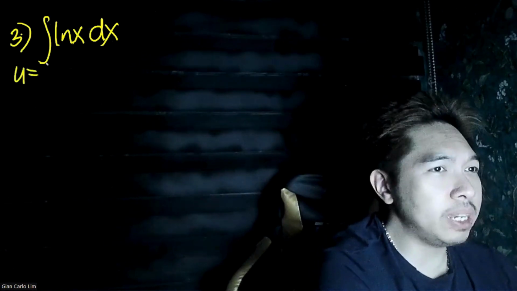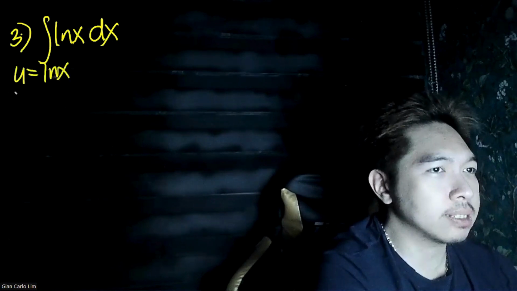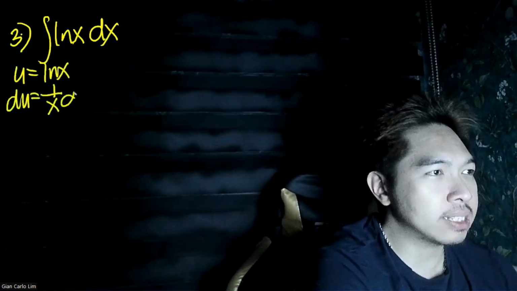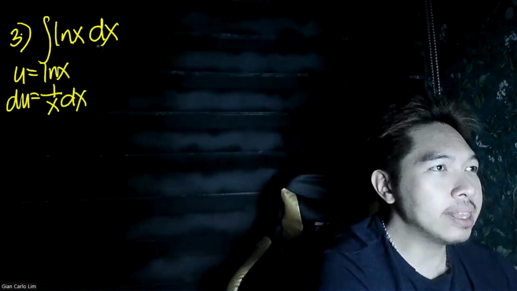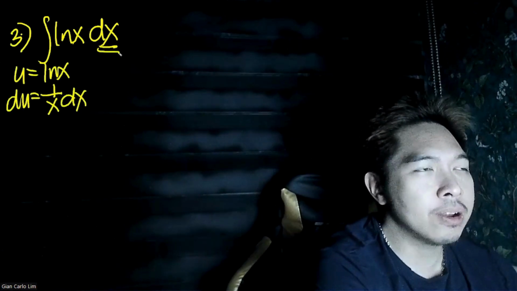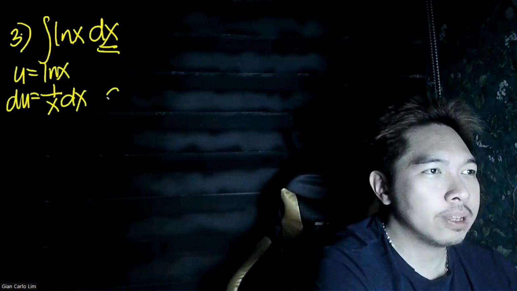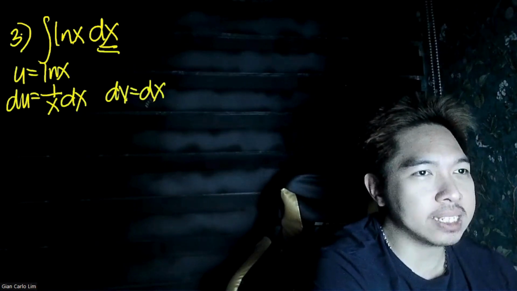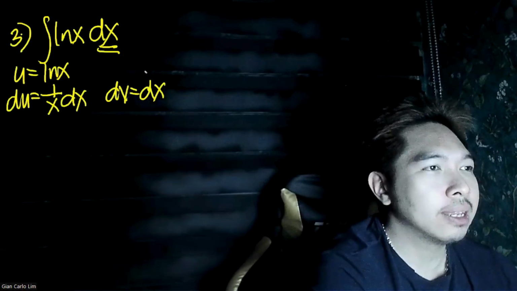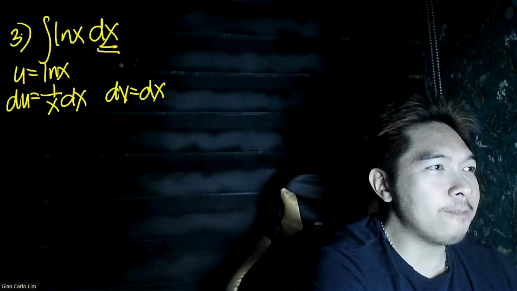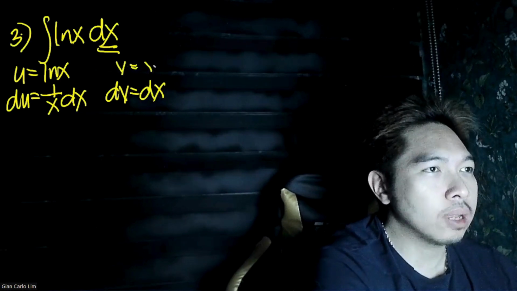So if you let u be equal to ln of x, our du will be equal to 1 all over x dx. And then we only have dx here, which is an algebraic function. Therefore, dv is equal to dx. If we integrate dx, our v would be equal to x.